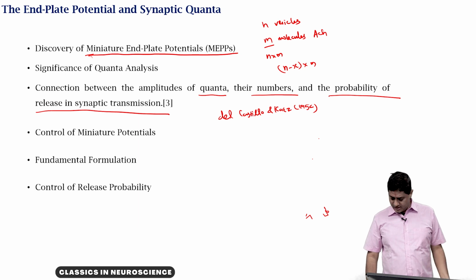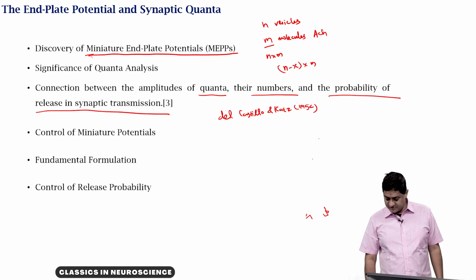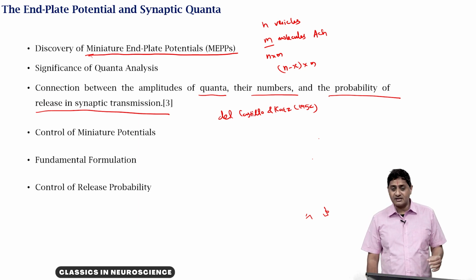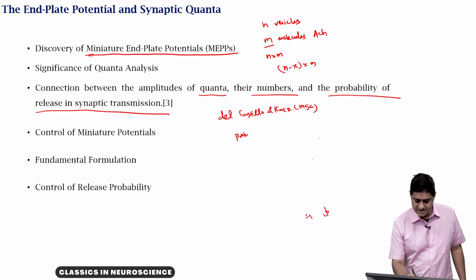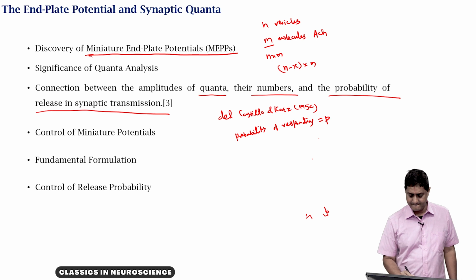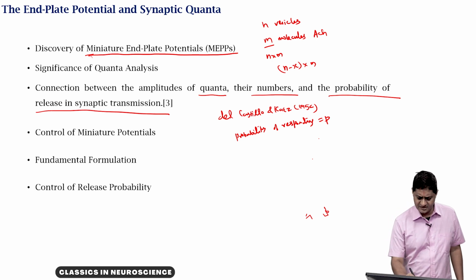Suppose we have at each nerve muscle junction a population of n units capable of responding to a nerve impulse. Suppose further that the average probability of responding is p. So, the probability of responding is p. There are n units, number of vesicles is n.